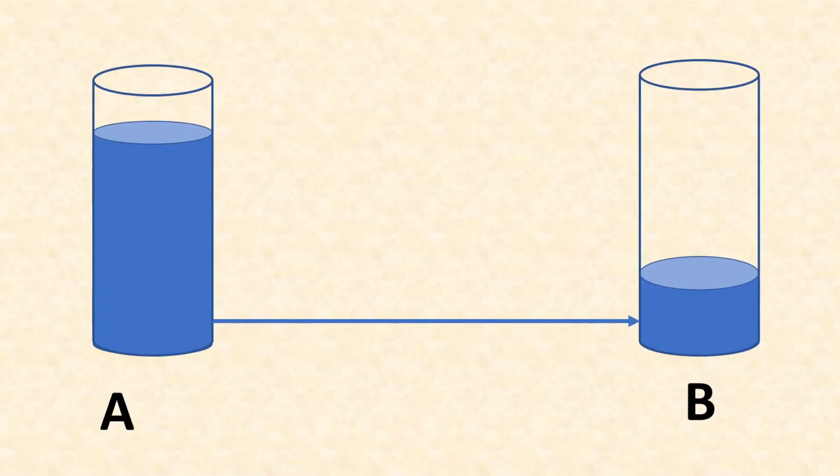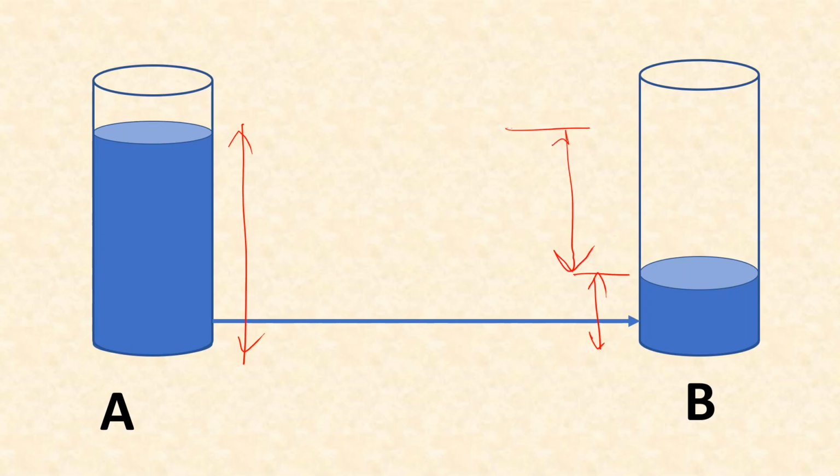Let's take these two tanks or reservoirs, A and B. Water in tank A used to be at a higher elevation or head, that is here. But after moving to tank B, now it has only this much elevation, which means that this much of head is being lost.